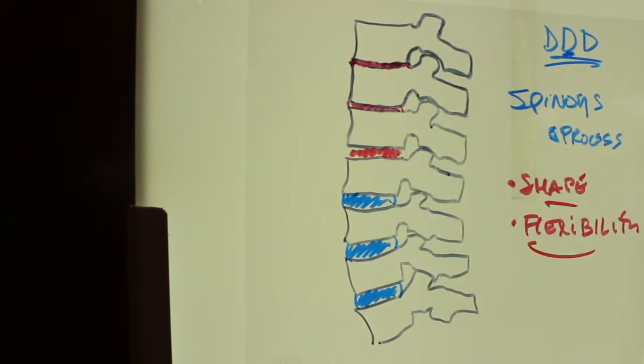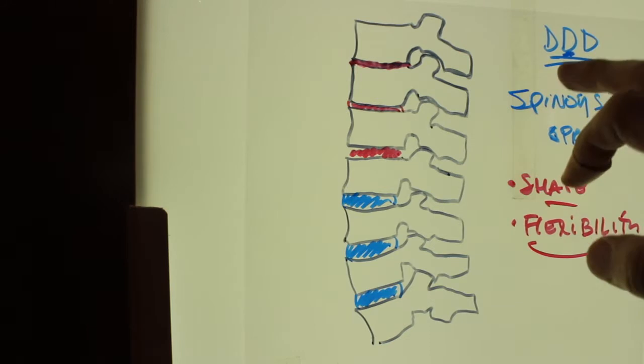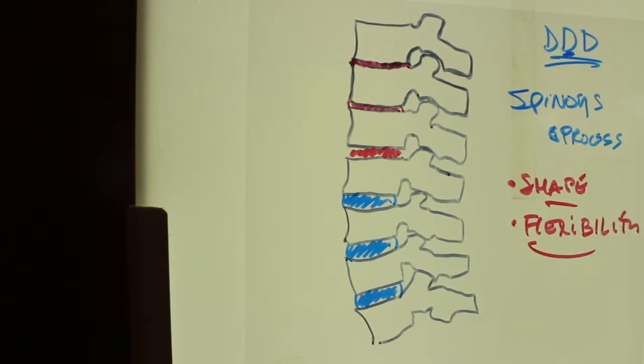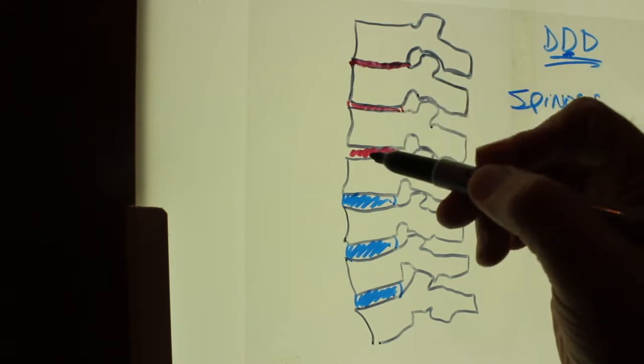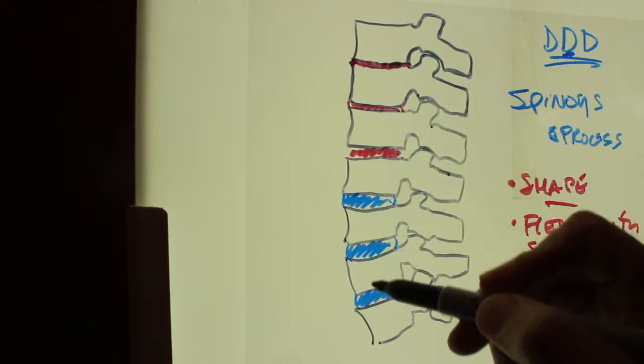So experts, we love to disagree with each other, and so a lot of us will disagree on what actually constitutes degenerative disc disease. But really the two things that most of us will agree on is, one is that there is a loss of disc space, as you can see in these three segments compared to, see how thick these three areas are?